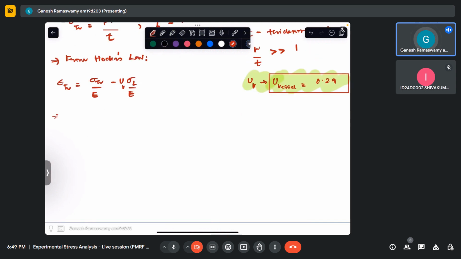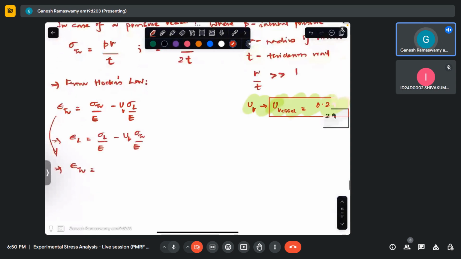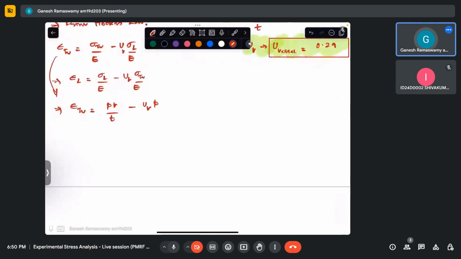Similarly, epsilon L is sigma L by E minus mu V sigma H by E. So let us substitute for epsilon H. This gives me PR by T minus mu V PR by 2T.